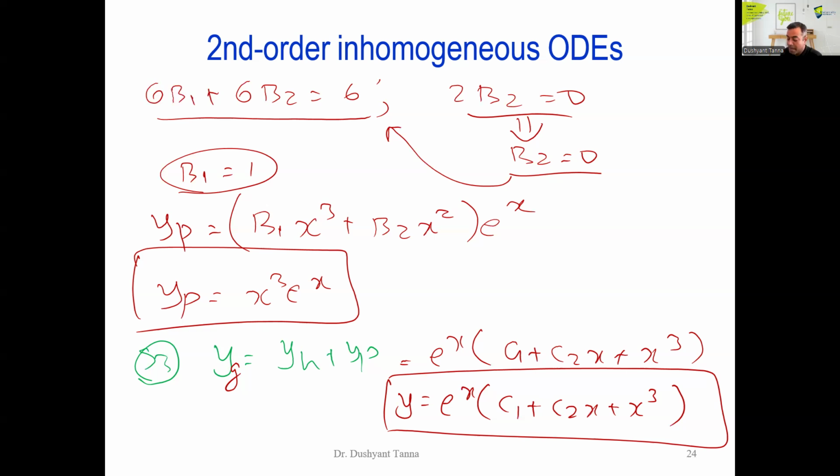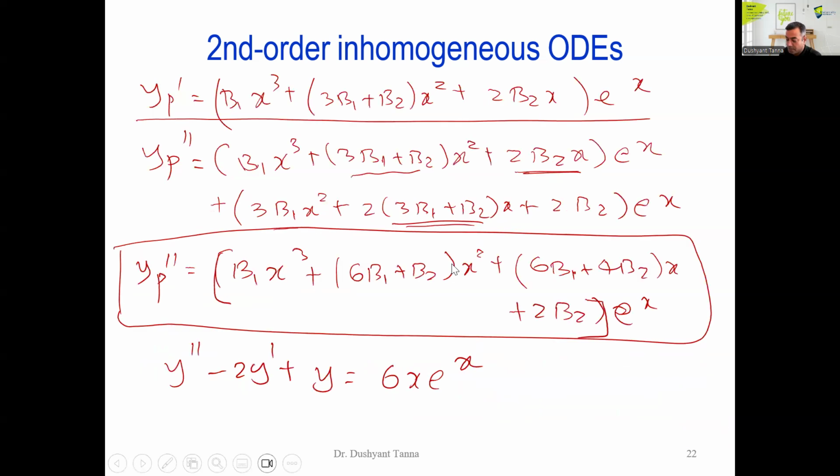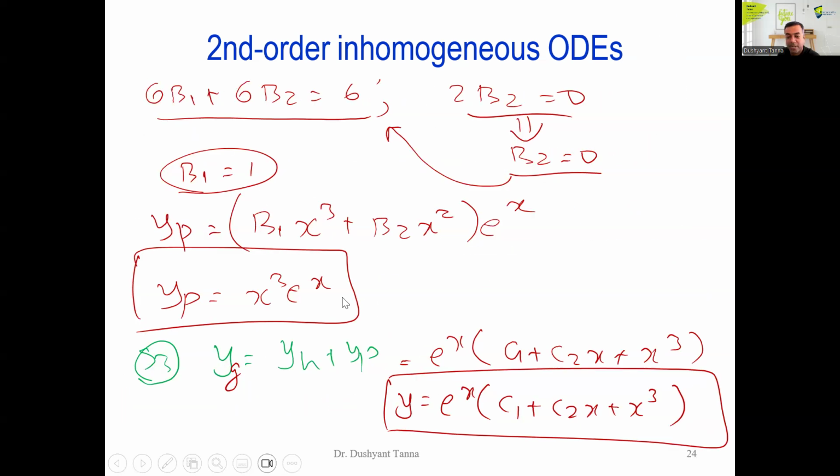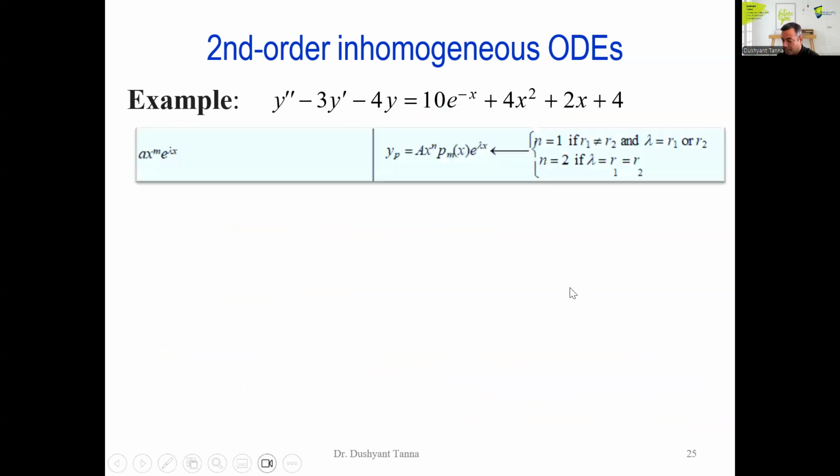Y double dash, put it back in the equation, which is this one, and that should be 6x e raised to x, like 3-4 steps, but you have verified that the answer you obtained is correct, full marks in the assignment, in the exam. In the assignment, you have abundance of time. So don't let it go that, oh, I thought it was right, but it didn't. You know how to know if it's right or wrong. Yeah? Please go for that one. Cool.